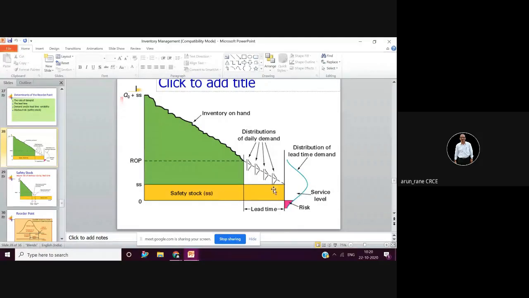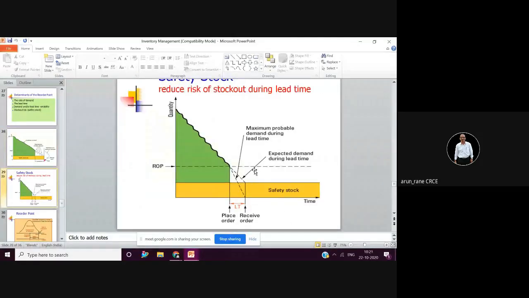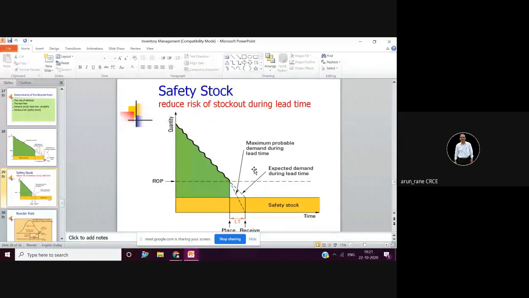You have to see that you stay within this zone, and if you go beyond this, it is risky. You will not be able to meet the demand. That's why you should have sufficient safety stock in order to reduce the risk of stocking out during the lead time.